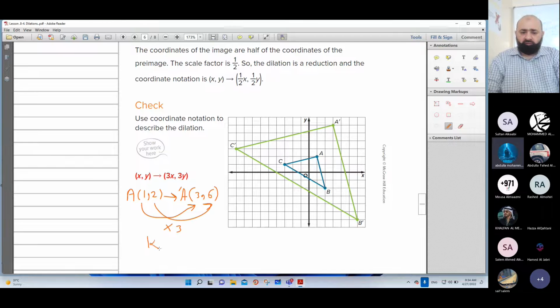The scale factor k equals 3, and 3 is greater than 1, so we have an enlargement. So the rule will be (x, y) goes to (3x, 3y).